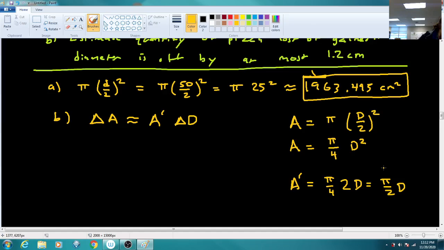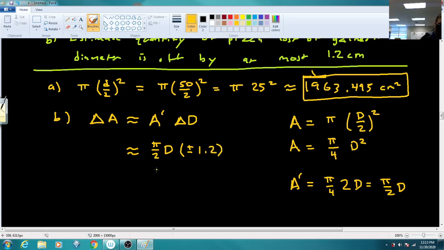So what we'll end up doing there is saying this is going to be about equal to pi over 2 times diameter, times delta diameter, which is going to be, you're either over or you're under by 1.2.